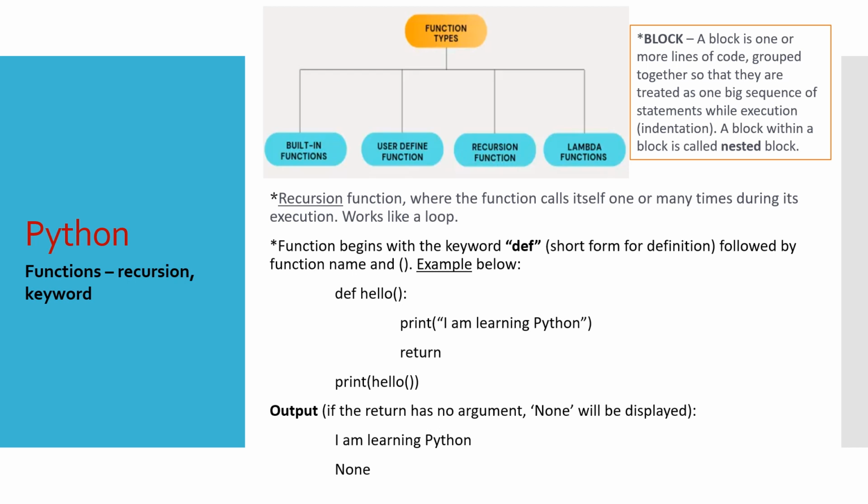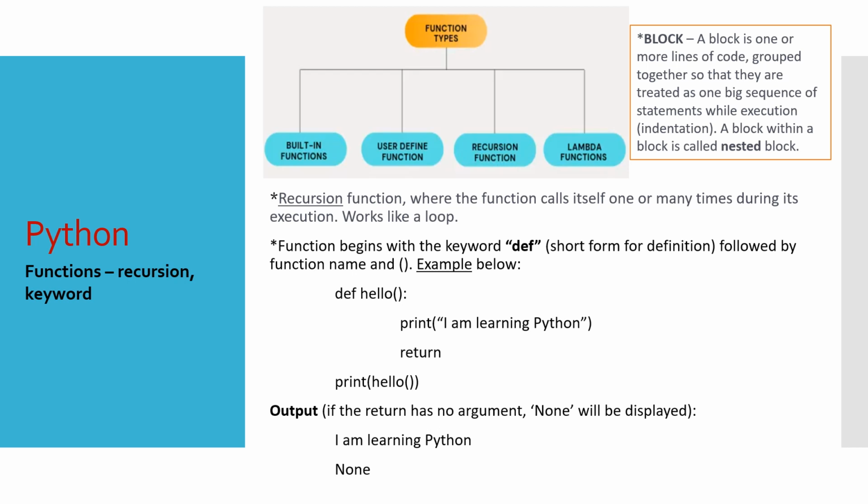These examples also talk about the def keyword, which you use when you define a function in Python. So in the example you see, def hello, print I'm learning Python, and return, and then you do a print hello. If the return has no argument, None will be displayed.